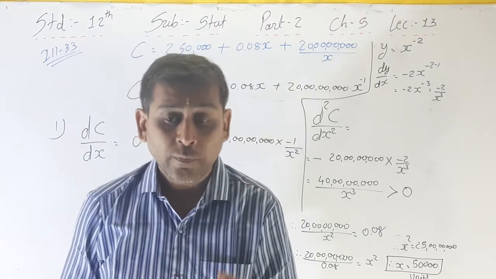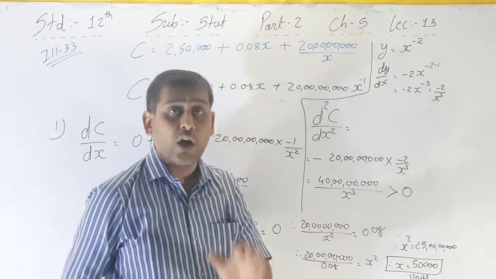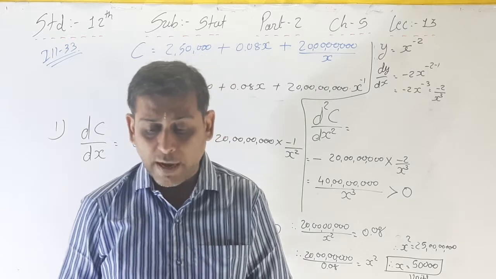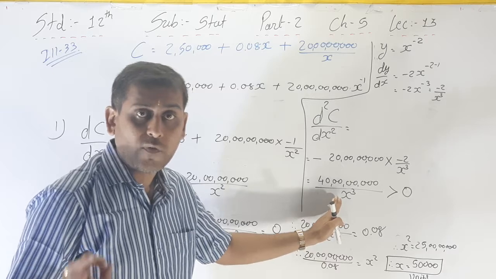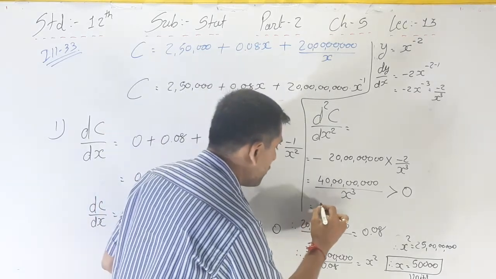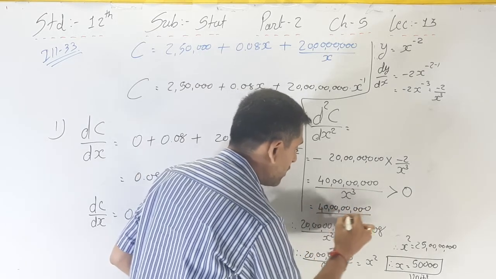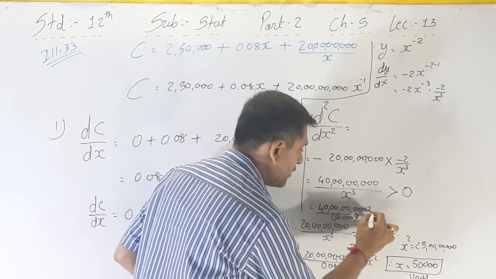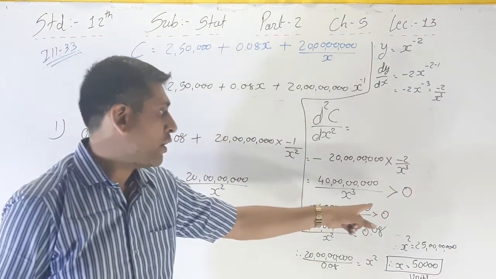So here by putting x is equal to 50,000, the answer is again positive, 40 crore upon 50,000 cube greater than 0.